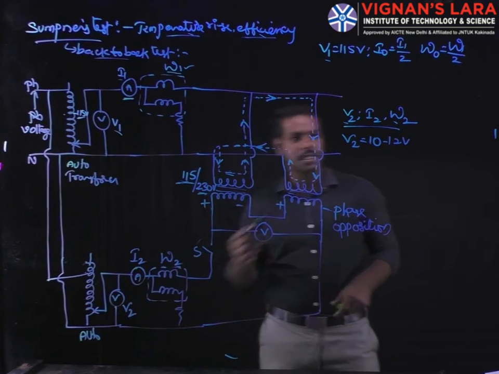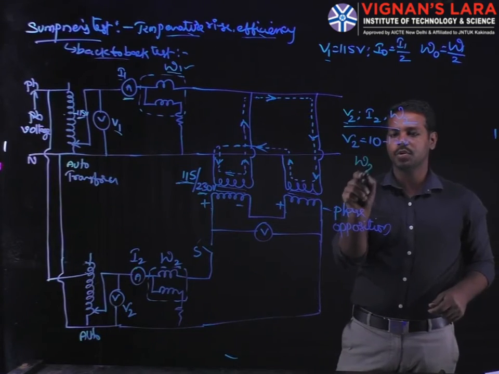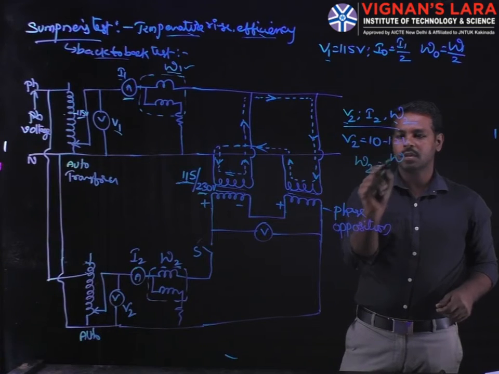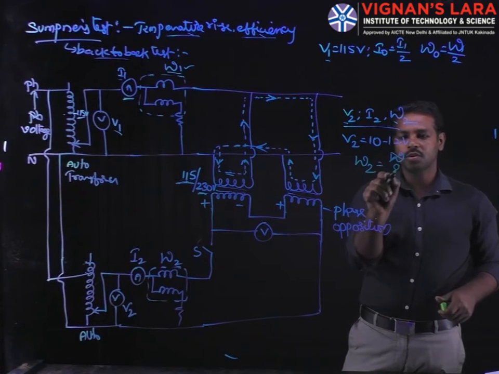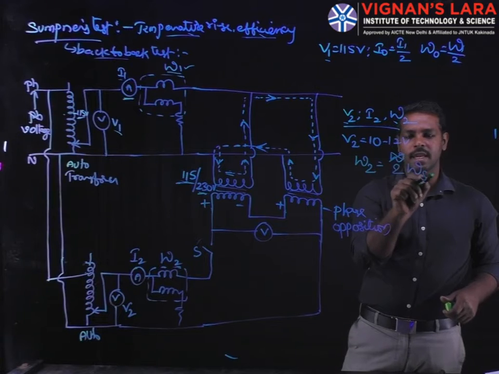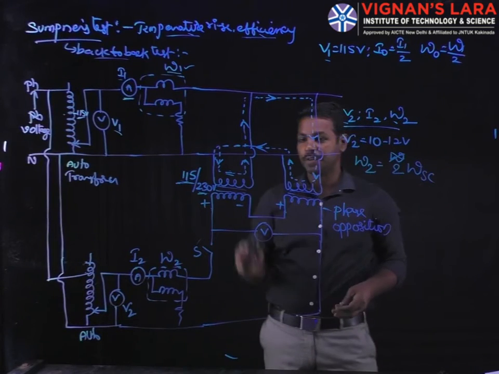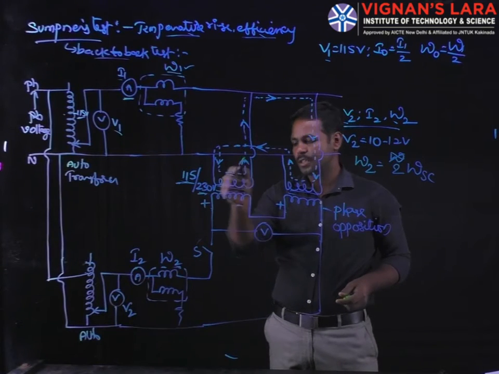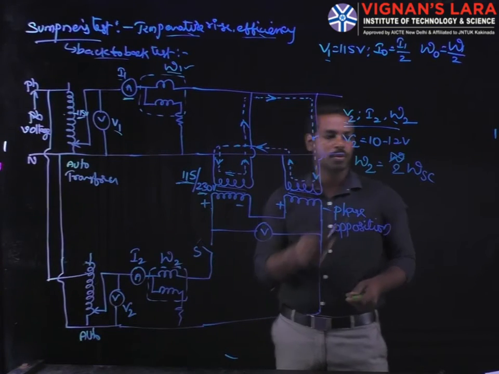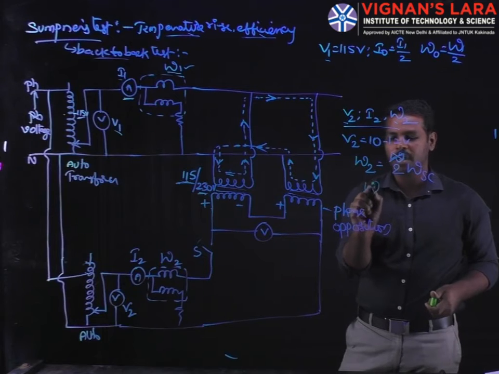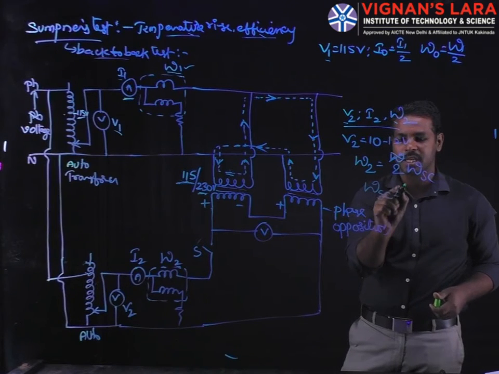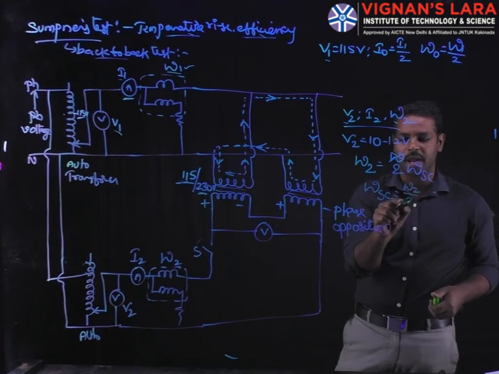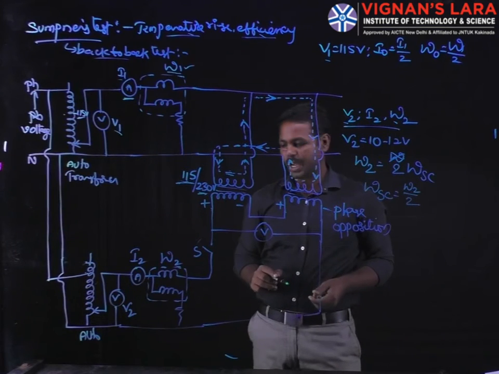So W2 is equal to 2 W_SC, because double the full load current gives double the full load losses, measured by W2. So the full load copper loss of each transformer is W2 divided by 2.